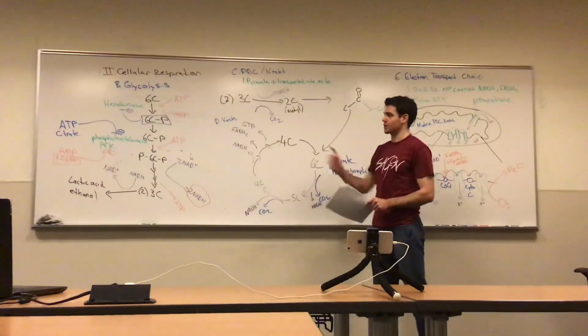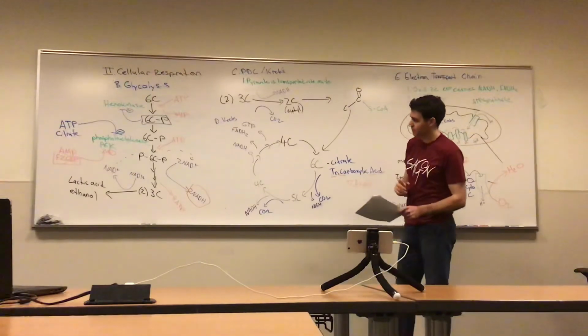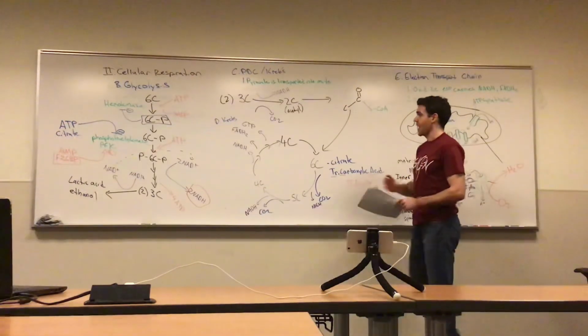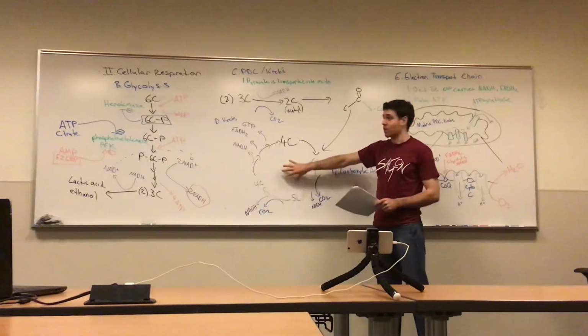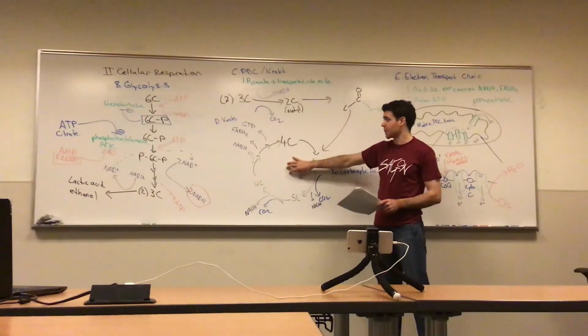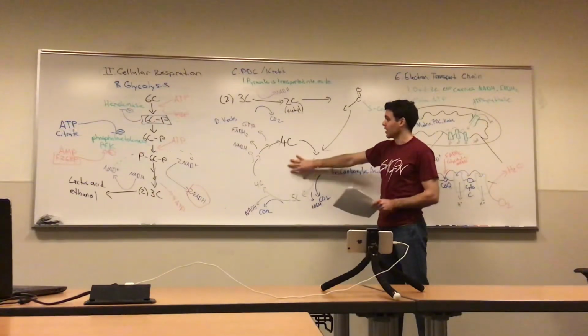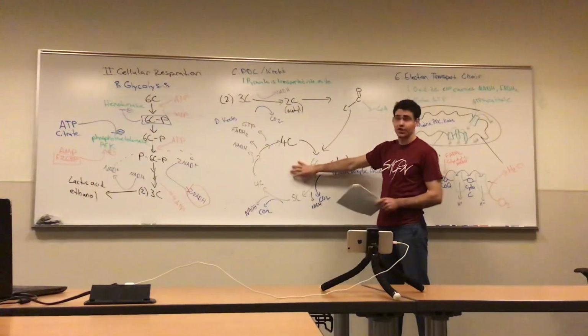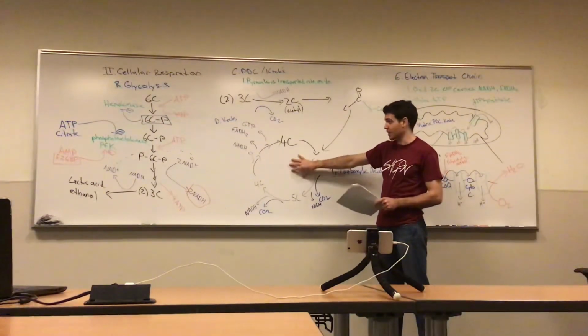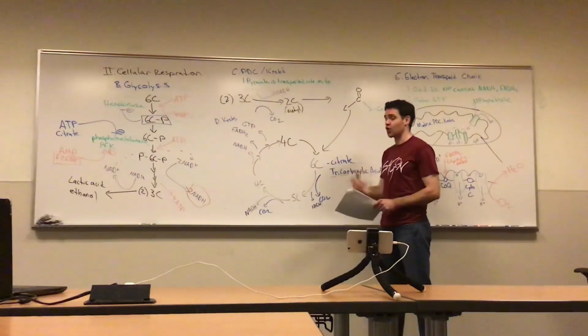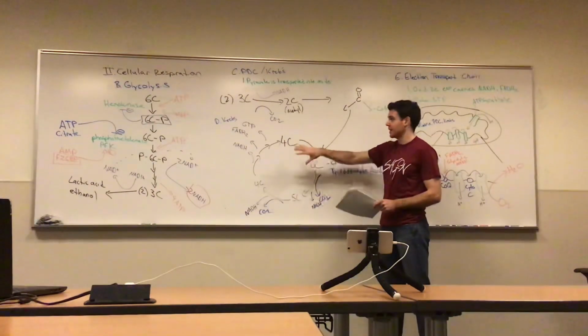And then all you can do is glycolysis. And that's what happens in alcoholics. So alcoholics drink so much, a lot of this happens in the liver, that they change the metabolic state of the liver, and they create so much NADH, it actually inhibits the Krebs cycle.